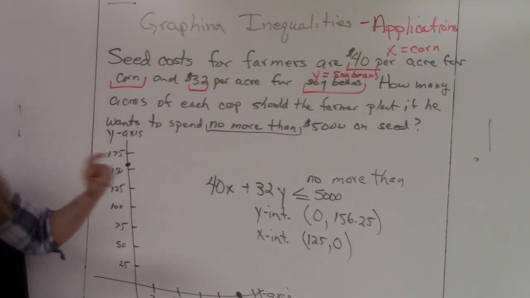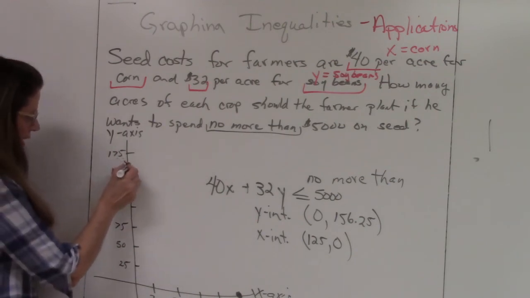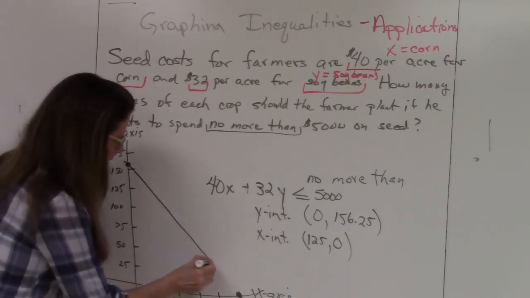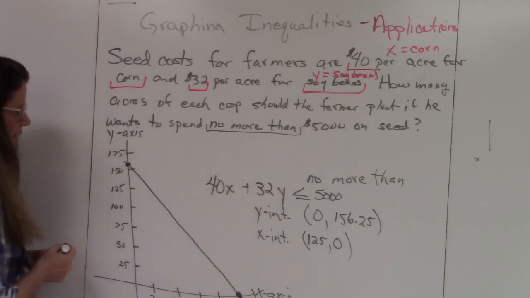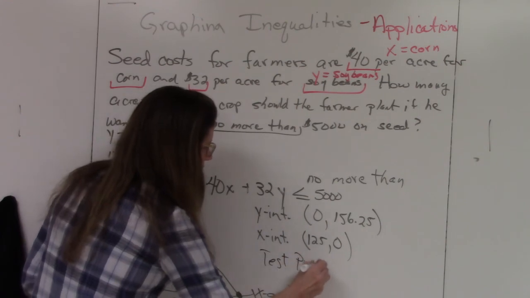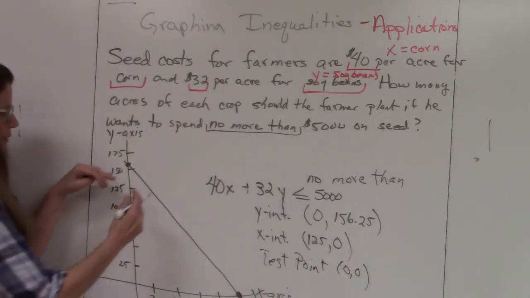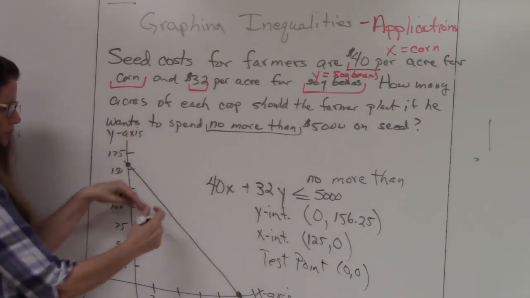Now, we have our less than or equal to sign, so that means I'm going to have a solid line. And then we have to do our test point. Don't forget the test point, because we have to figure out where we're shading. Is it above the line or below the line?